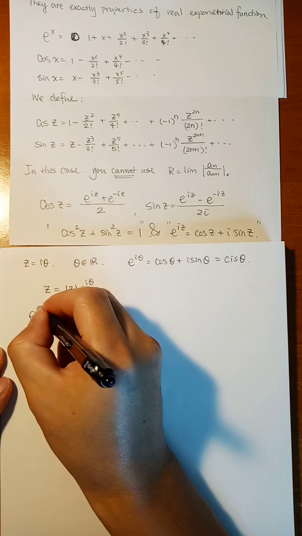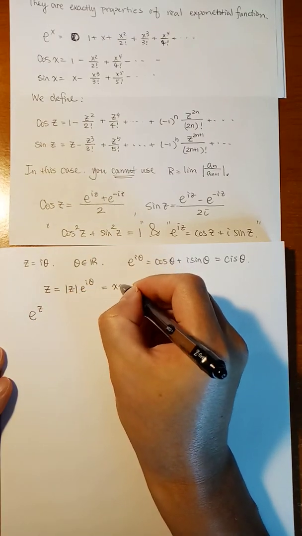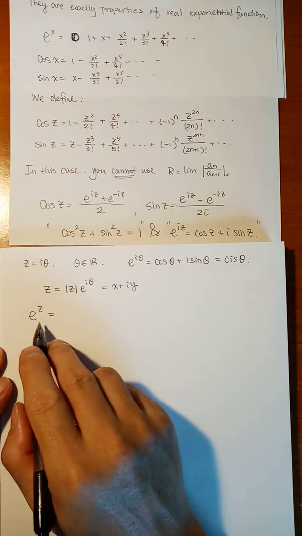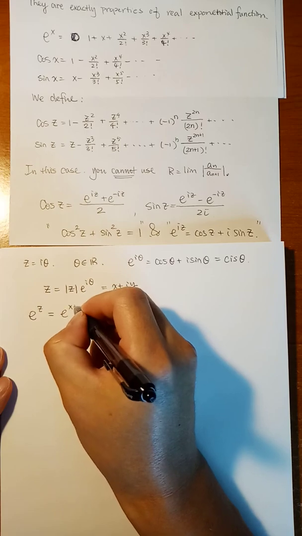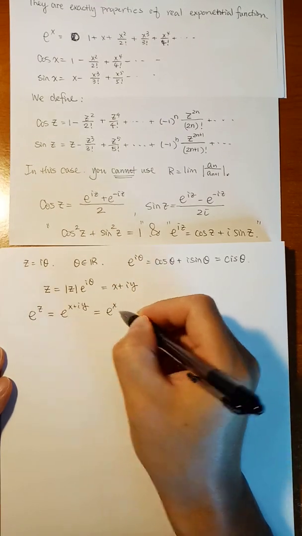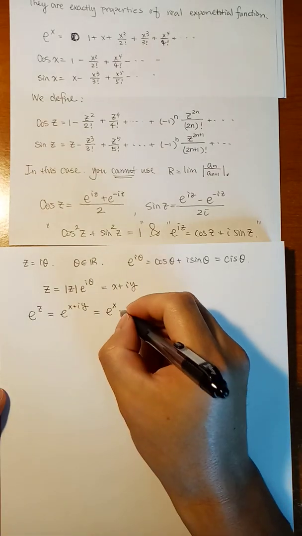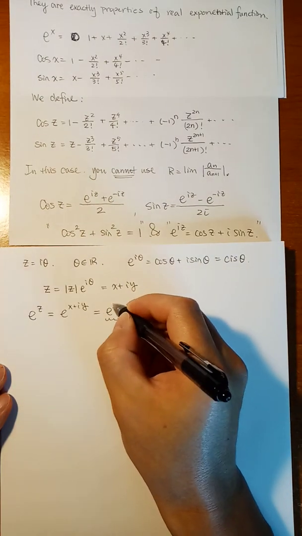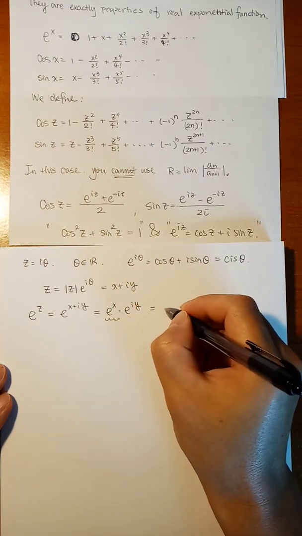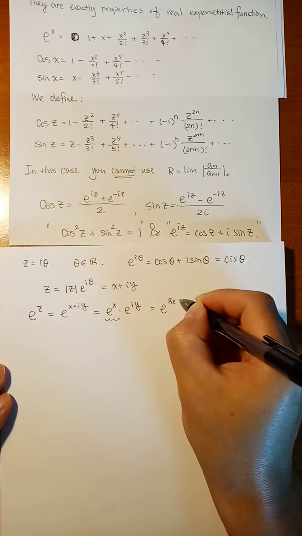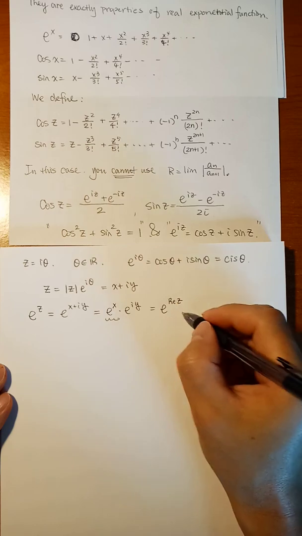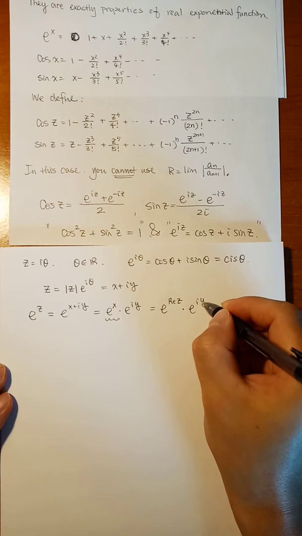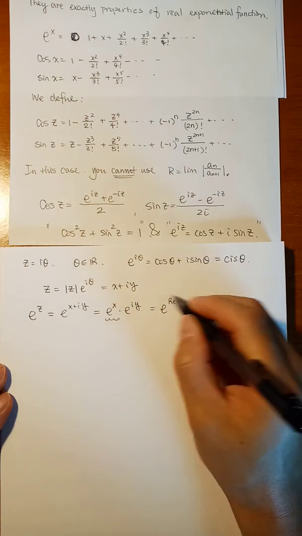Then you have the exponential, let's also use x plus iy. e to the z is e to the x plus iy, which is e to the x times e to the iy. This e to the x is the modulus, and this part is the real part, so it's the exponential of the real part of z, times e to the iy, where y is the imaginary part.